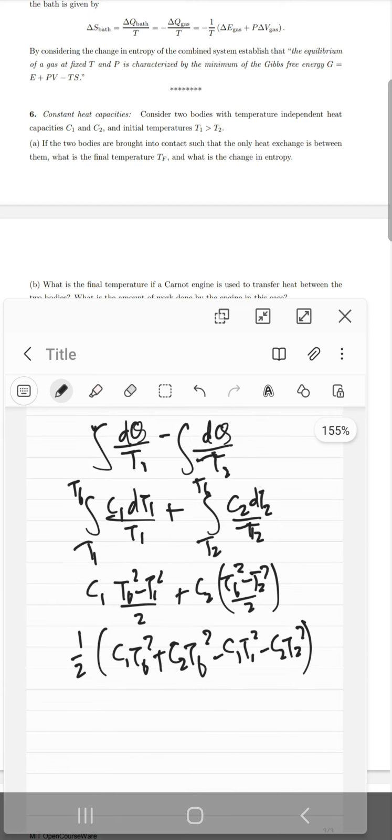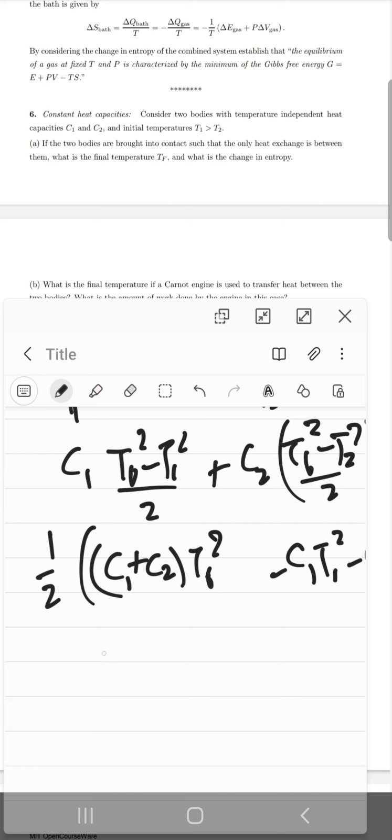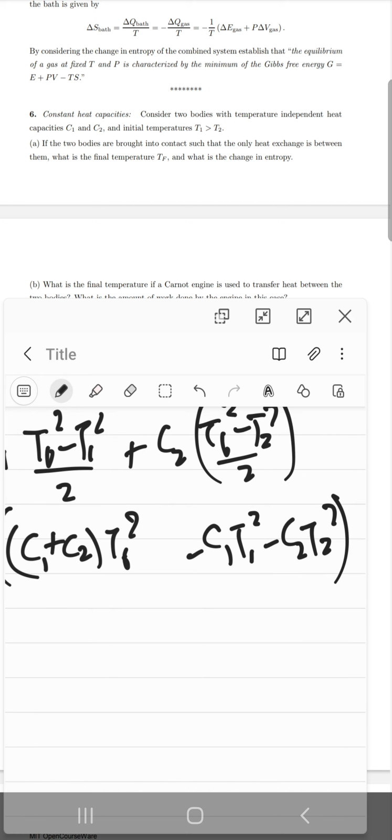That's the equation, just move on. Just write in c1 plus c2 instead, it's better. So c1 plus c2 times tf squared, and the reason is that tf was basically just c1 t1 plus c2 t2 upon c1 plus c2, right?